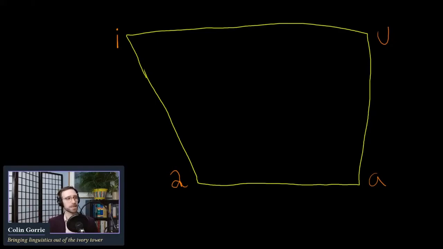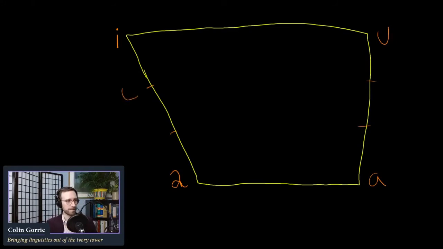We have other cardinal vowels. So basically what we do is we subdivide this space into, we subdivide the height axis into two layers in between high and low, and we give them cardinal vowels as well.